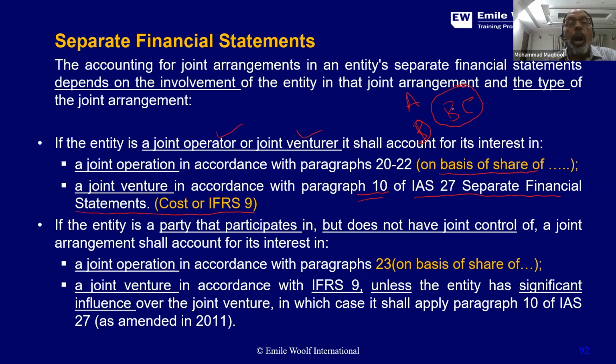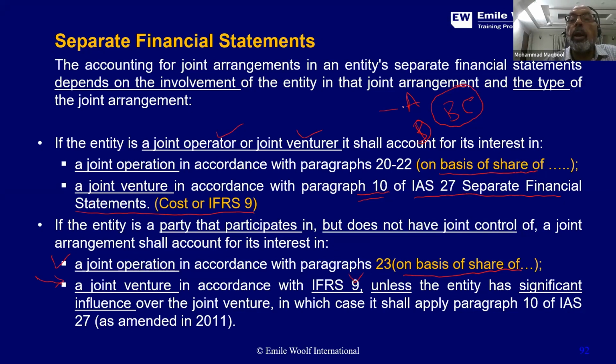If the entity is a party that participates, I'm talking about A and D, that participates but does not have joint control, the joint arrangement shall be accounted for its interest in the following way. If there's a joint operation, then they will go to the share percentage basis, already talked about, each individual asset, each individual liability. But if it's a joint venture, then they will apply IFRS 9.